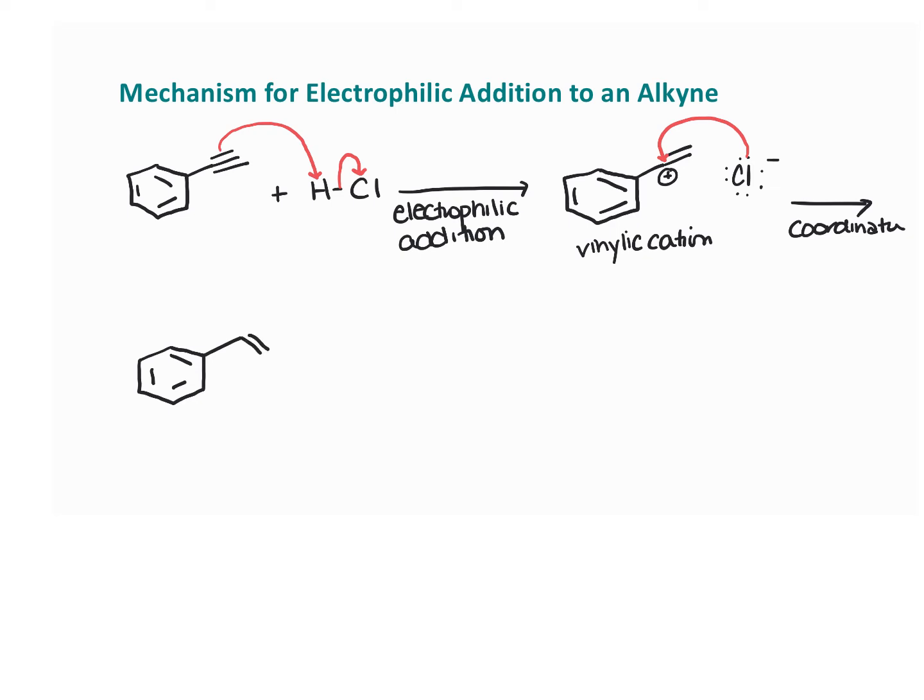I'm just going to change it so that it looks a little more obvious there's a carbon there. So we have that double bond and a chlorine, okay? This can play again and go through another electrophilic addition step. Where these electrons come out, they steal that proton, those electrons go on the chlorine.